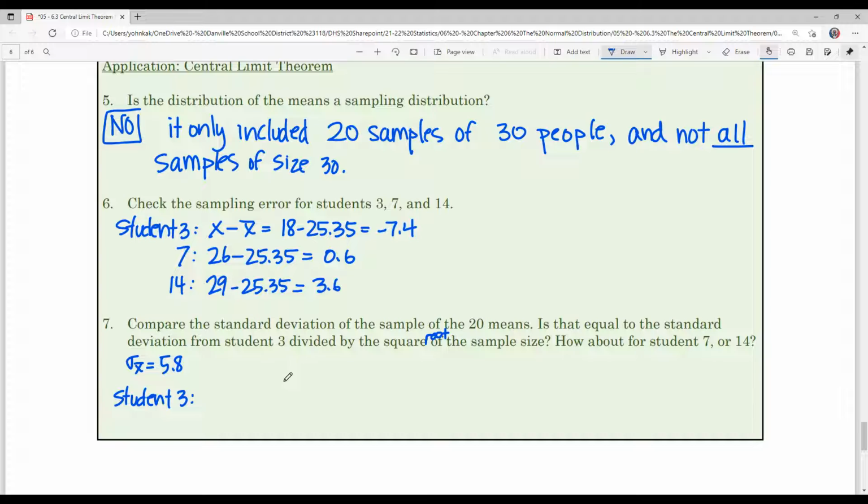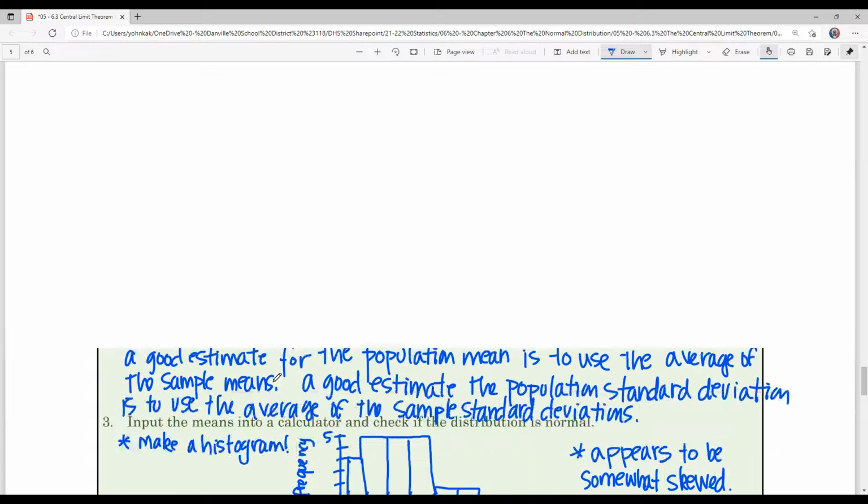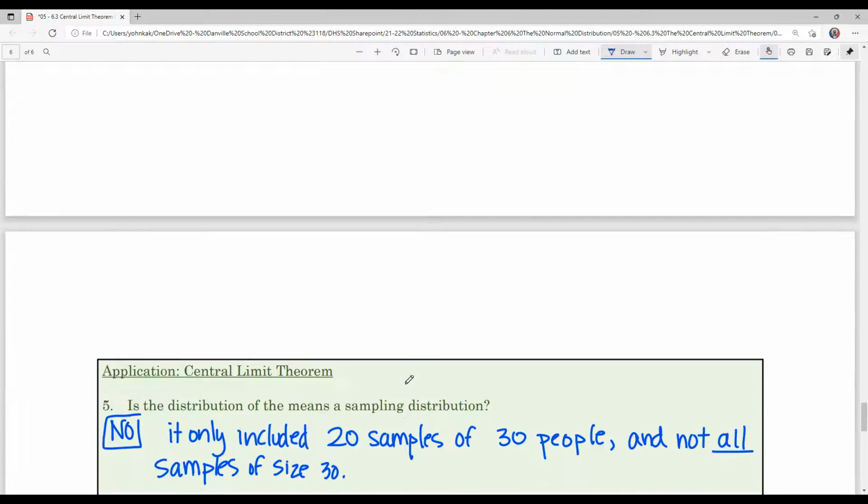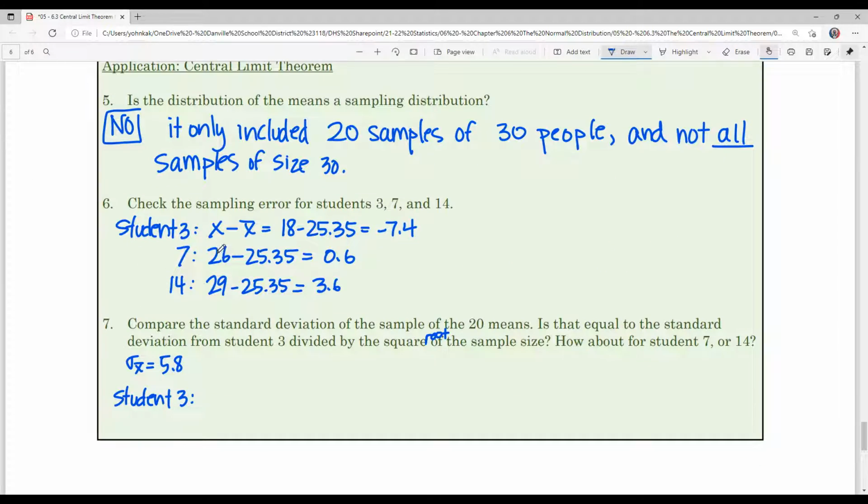Is the standard deviation of student 3 equal to the standard deviation divided by the square root of n? So if we look back at student 3's standard deviation, it was 2.4. If I do 2.4 divided by the square root of 30, am I going to get 5.8? Well, 2.4 divided by the square root of 30 is 0.4.